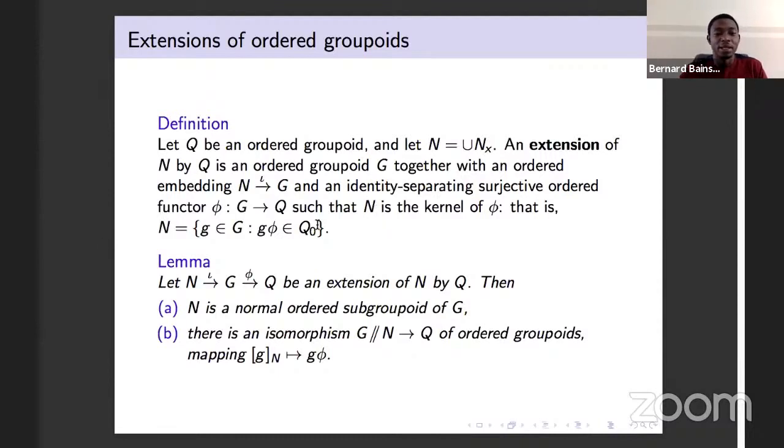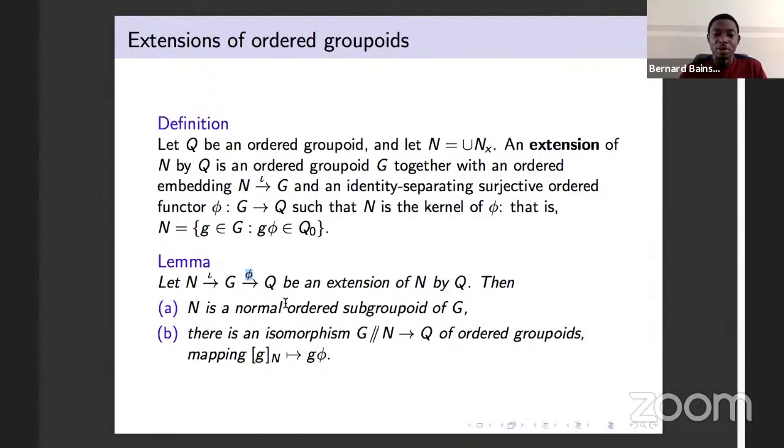So again, a consequence of this is that we have an ordered embedding N into G, and then we have an identity separating surjective map from G into Q. In fact, when this happens, if we know a little bit of group theory, we know that Q can act on N via the map phi.